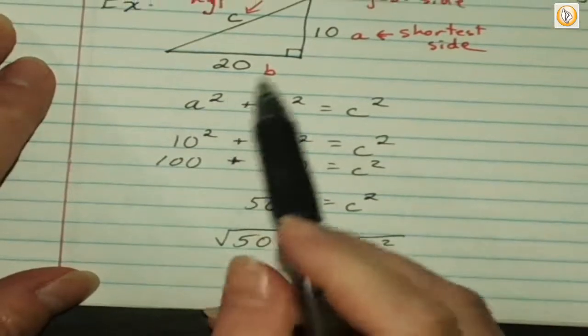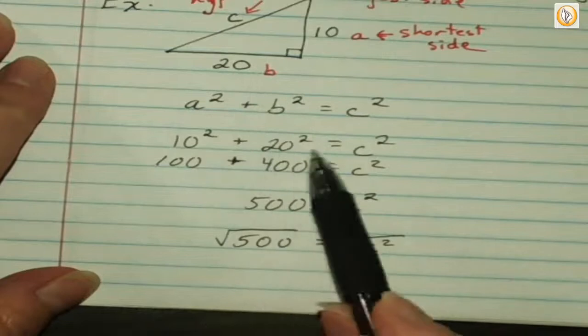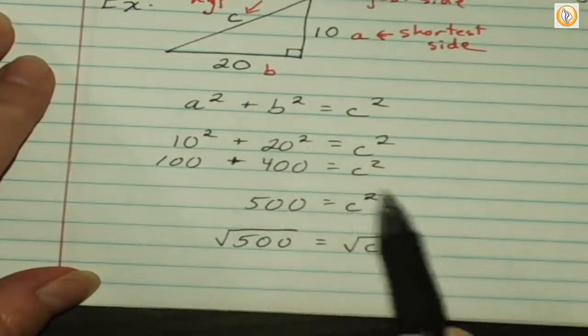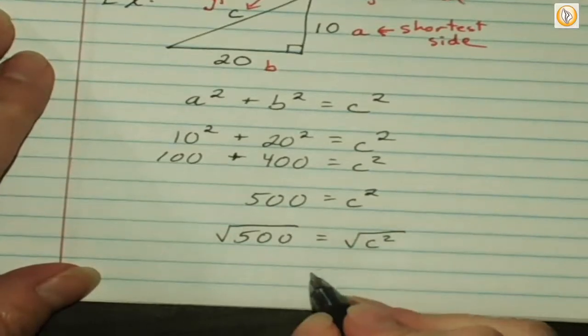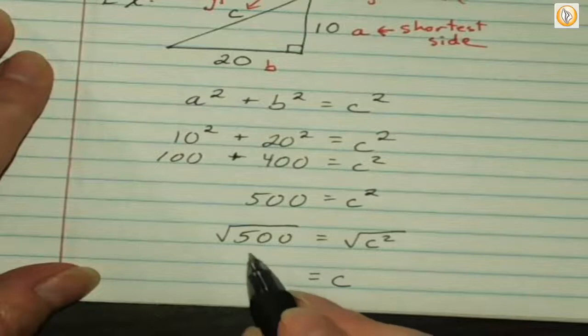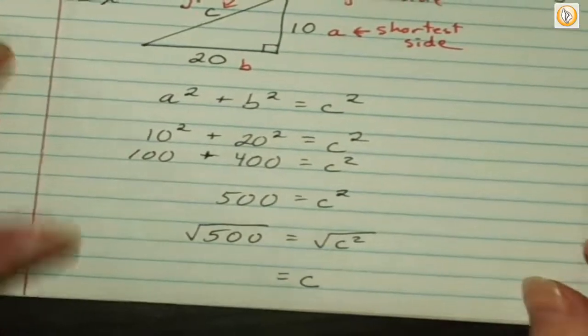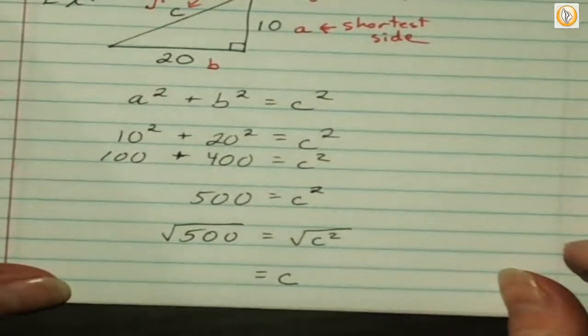So once you get to this point, you're just plugging in your information. You get to here, we've got to take it out of the square, so we square root both sides. So then this becomes C, but what do we have to do with this 500, Michael?